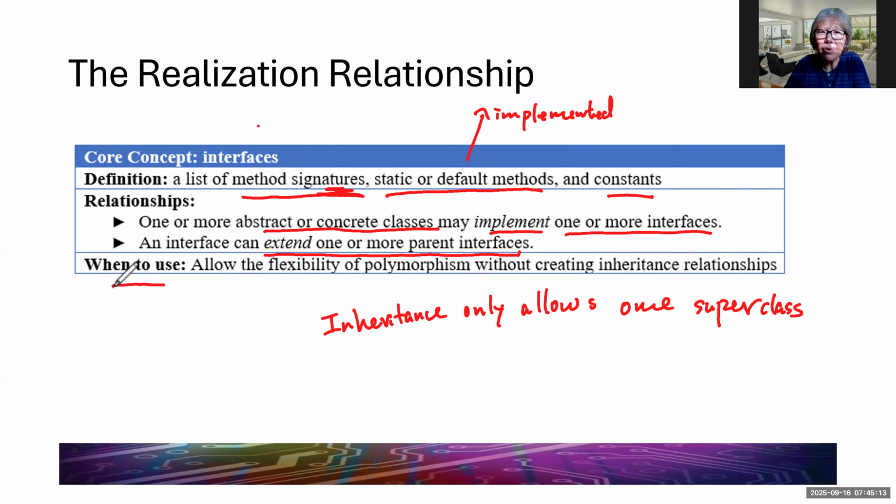So when do we use an interface? If we want the flexibility of polymorphism without creating an inheritance relationship, then we can use an interface.